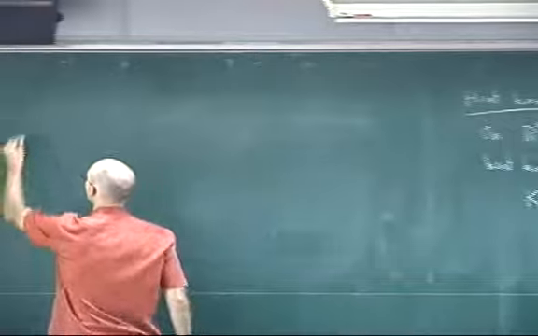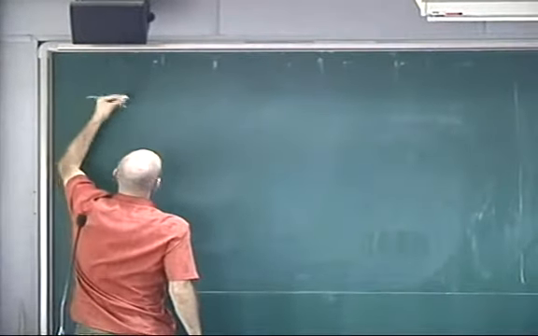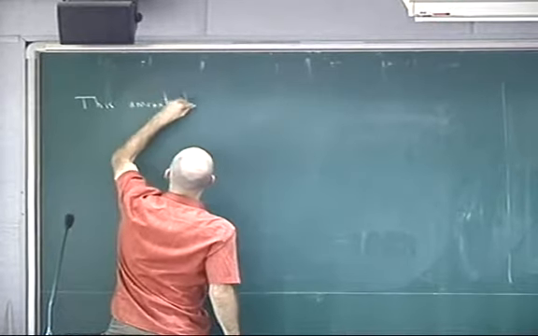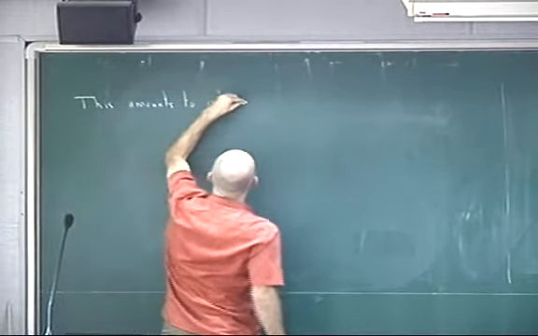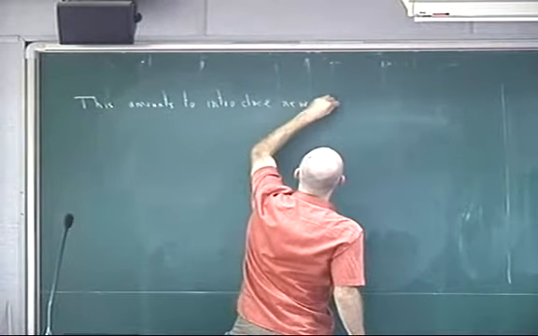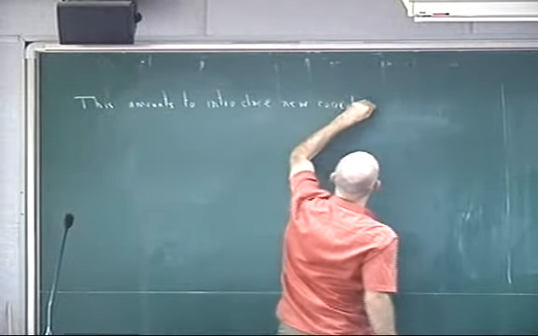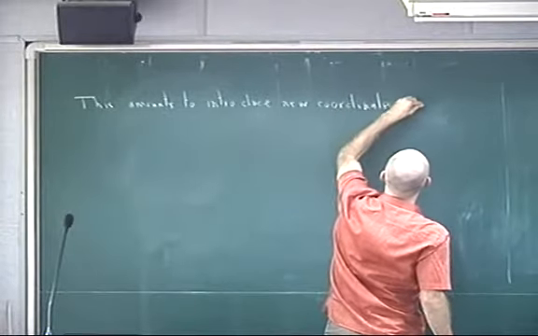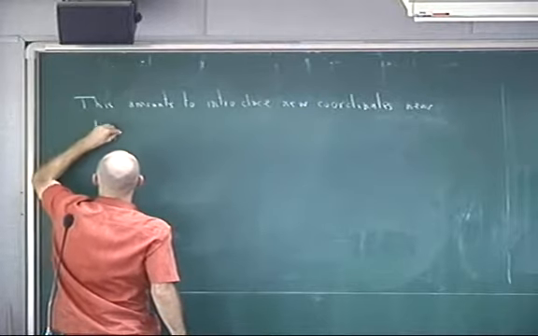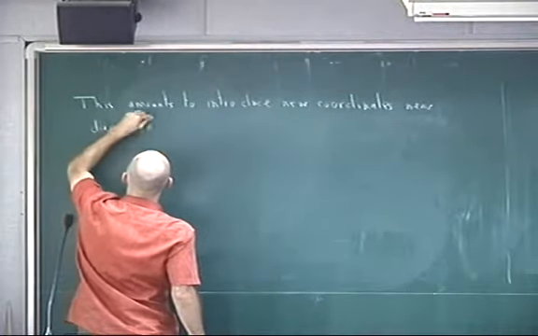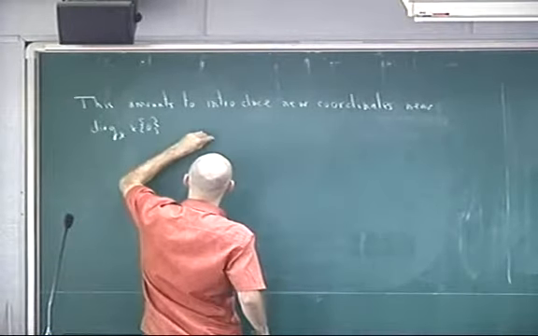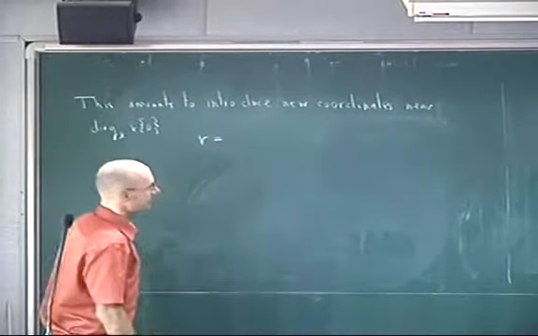So basically this construction amounts to introducing new coordinates near the diagonal at time 0. Namely, you look at the distance from the diagonal.